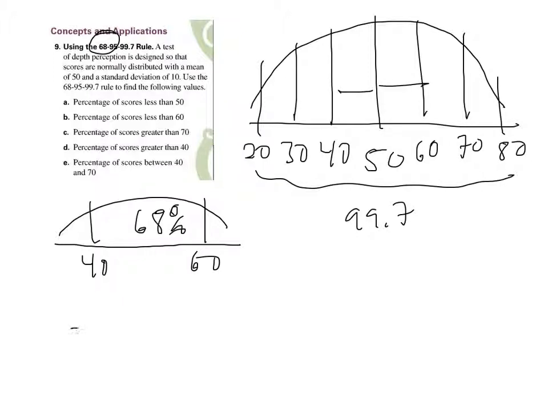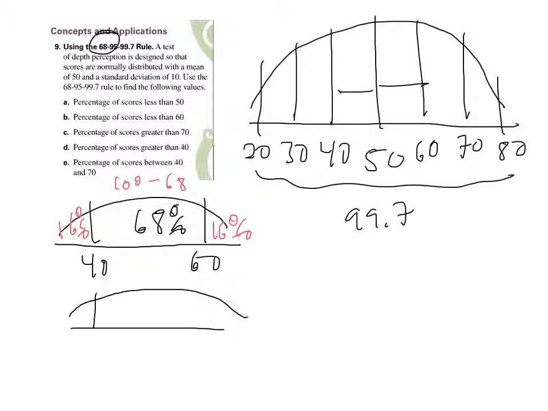That's the first number. If there's 68% between them, that means there's 32%, or 100 minus 68, that falls outside that. And since this is symmetric, there's 16% above them, 16% below them. And that means it's at the 16th percentile.